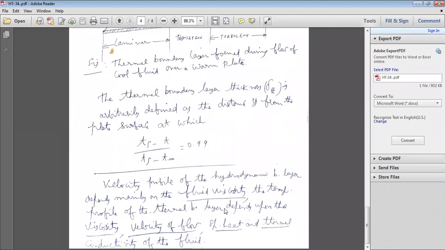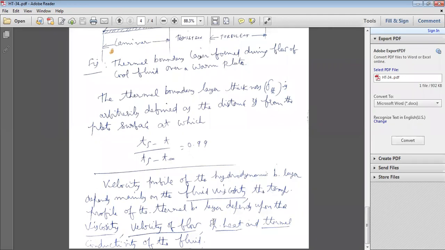So here, the velocity profile of the hydrodynamic boundary layer, the delta, depends mainly on the fluid viscosity. If there is only velocity and no temperature, then only the hydrodynamic boundary layer will be formed. That hydrodynamic boundary layer depends mainly on the fluid viscosity.